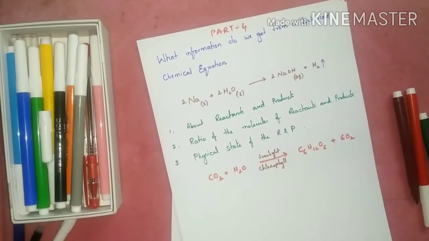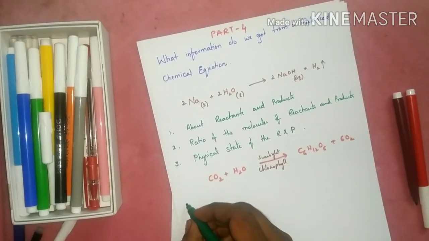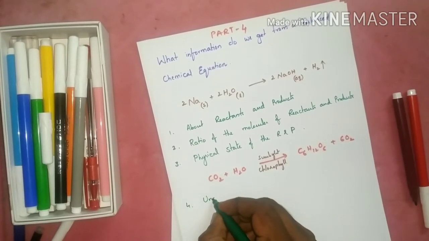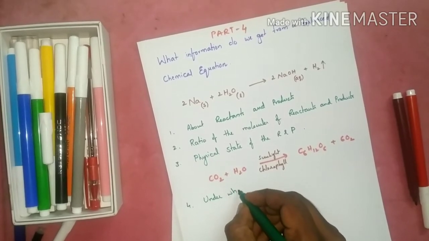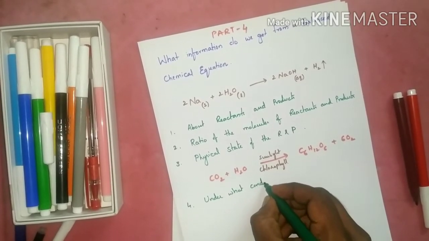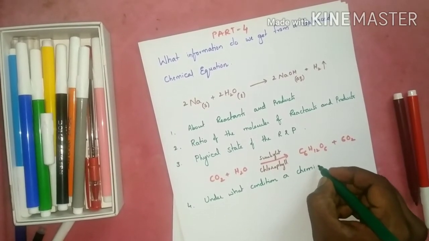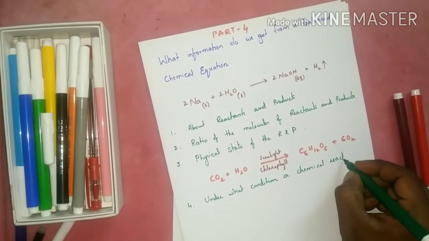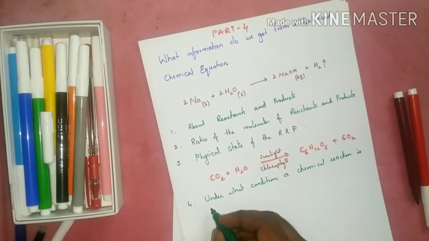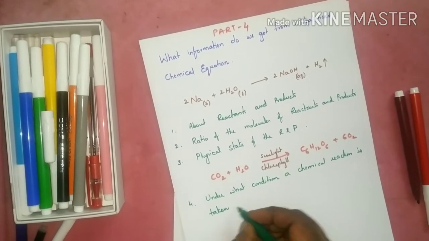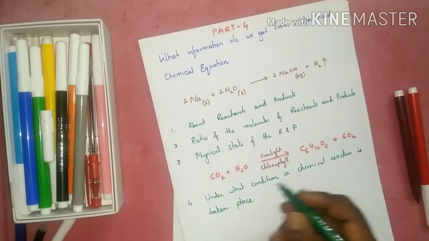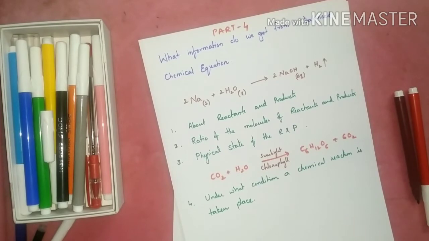So it explains under what condition a chemical reaction takes place. Here chlorophyll and sunlight are the requirements to complete this reaction.